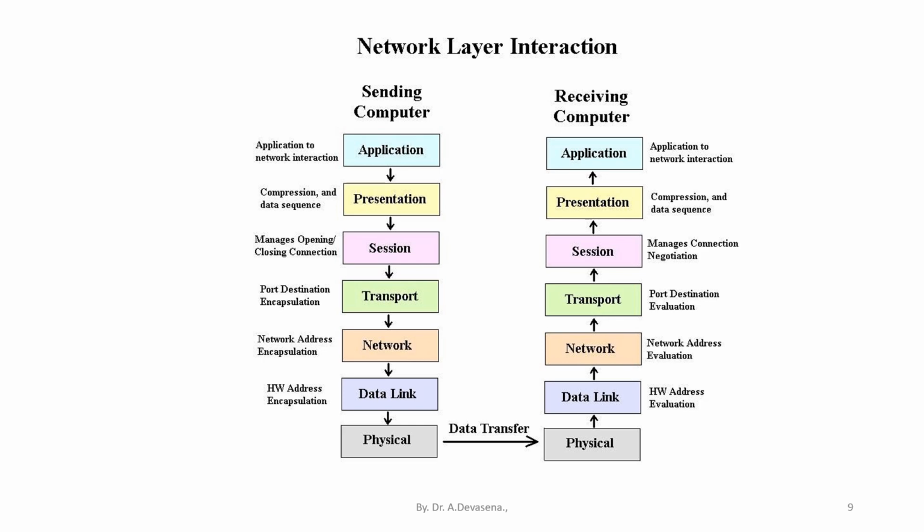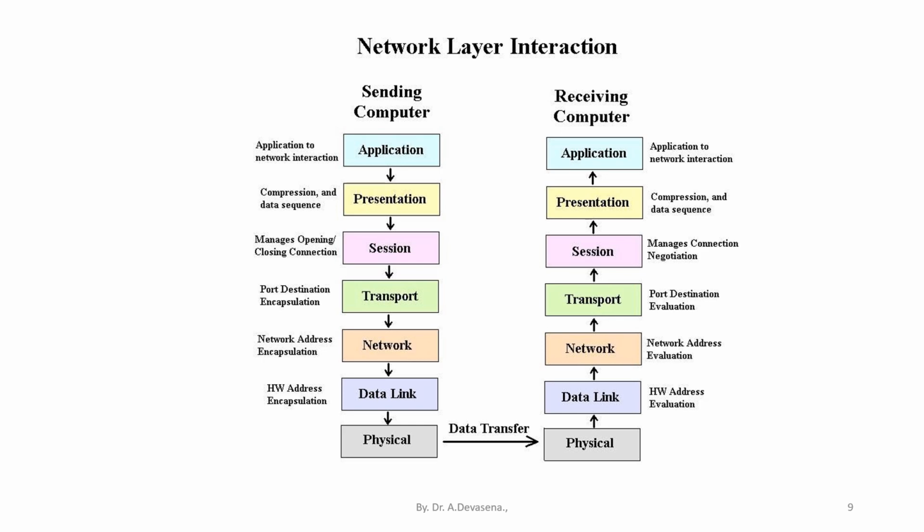The transport layer performs port destination encapsulation. The network layer performs network address encapsulation. The data link layer performs HW address encapsulation and the data is transferred through the physical layer on the sending computer side.